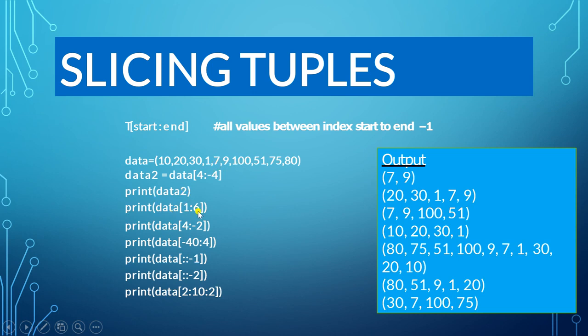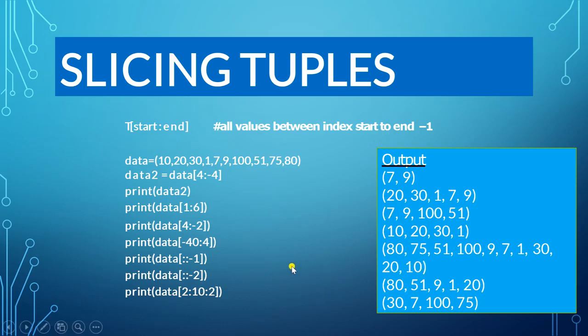Now data 1 to 6, so it will give you 1 to 5, then 4 to minus 2 means 4 to minus 3, then minus 4 to 4, minus 4 to minus 1, that is 4 minus 1, 3, so 4 to 3. Okay. Now again it will give you this minus 1, and here it will give the result in 20 and 10.